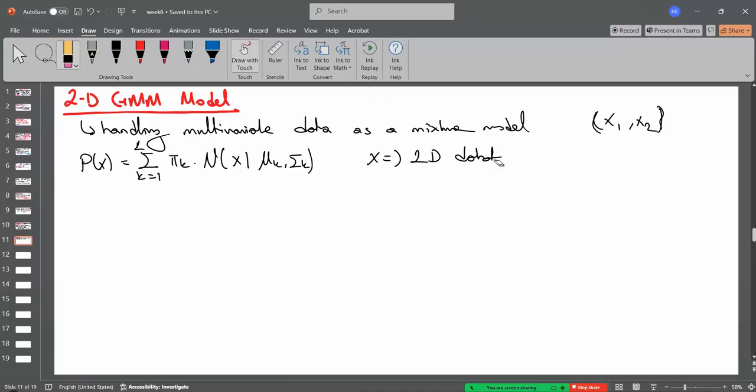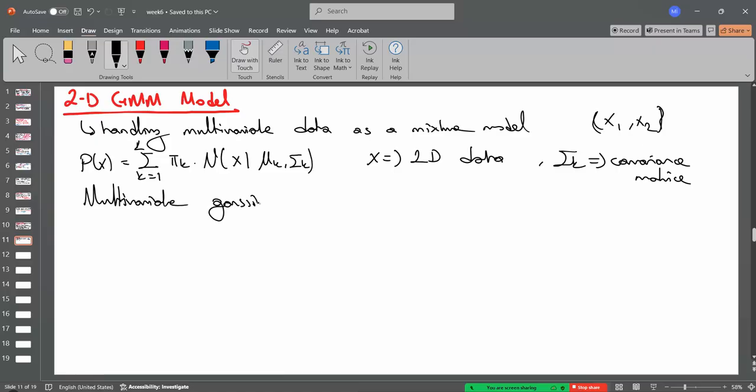K is again the component number, okay, but sigma k is the covariance matrix instead of the variance, okay, for this 2D case.